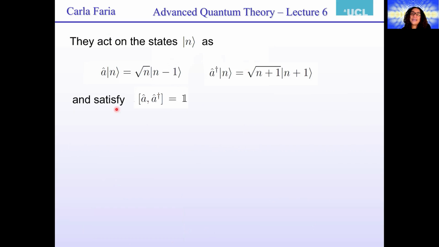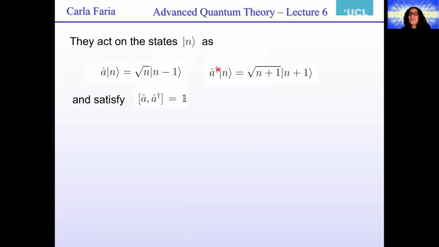And a applied to any state n is going to bring it down to the state n minus 1. That's why it's called the annihilation operator, because it's annihilating a quantum of energy and bringing the state down.